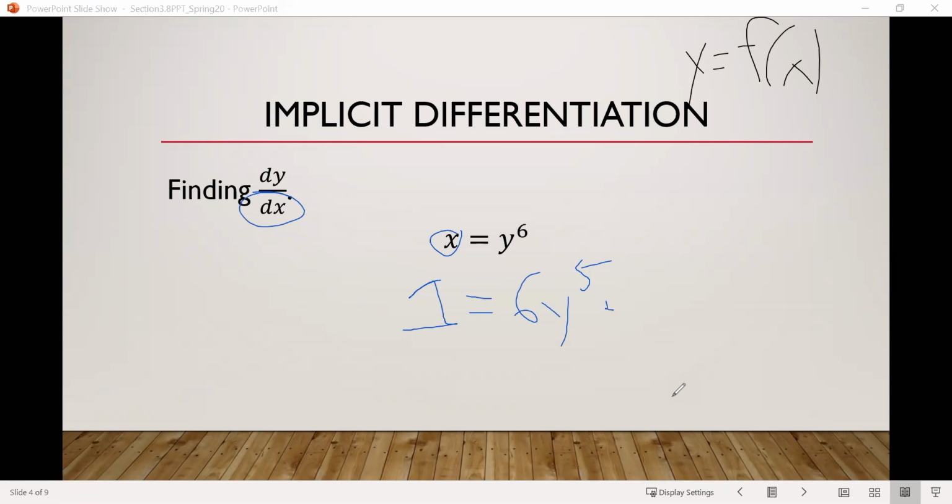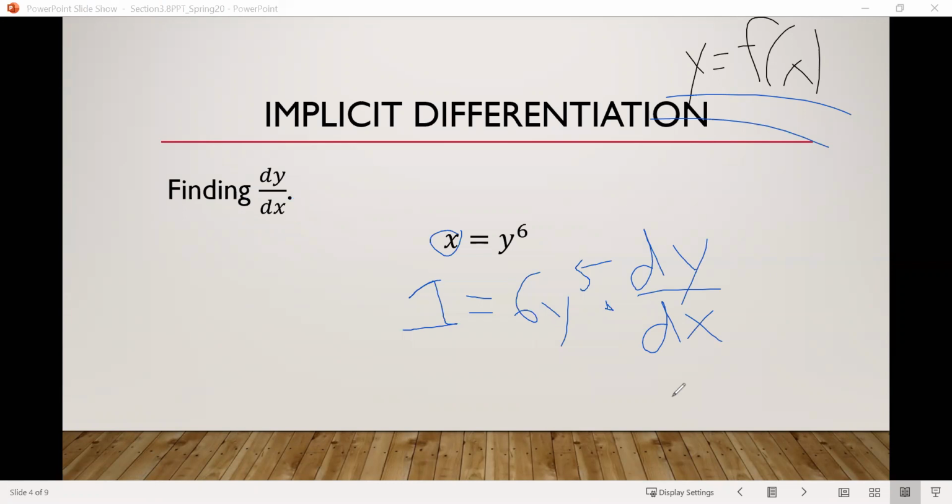But then, because y is a function of x, this is really like 6 times f of x raised to the 5th power. If you remember from what I was just explaining, we have to use the chain rule to multiply by the derivative of the inside function, which in this case is y, which we're going to call dy dx, instead of using the f prime of x.